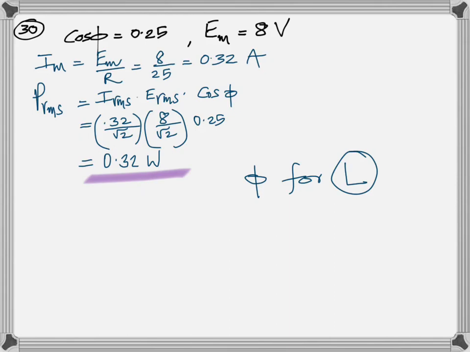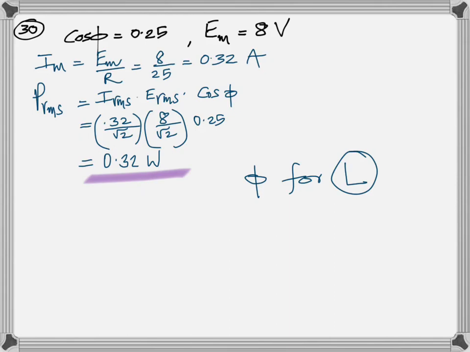Phi is the phase difference between voltage and current. For an inductance, what's the phase difference between voltage and current? Voltage is ahead by 90 degrees. So your phase difference is 90. And what's cos 90? 0.